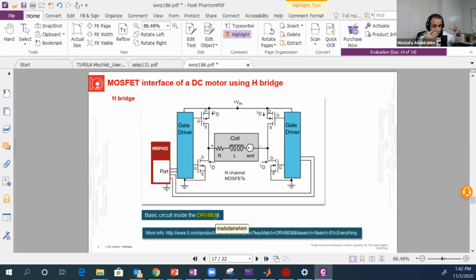Again, the motor needs a lot of current, and the microcontroller cannot produce a lot of current. So we need this bridge circuit so that we can drive the motor with a lot of current. The second job for this circuit is to turn the motor forward or backward. Okay, 2 ways or 2 directions. And the name of this chip is DRV8838.